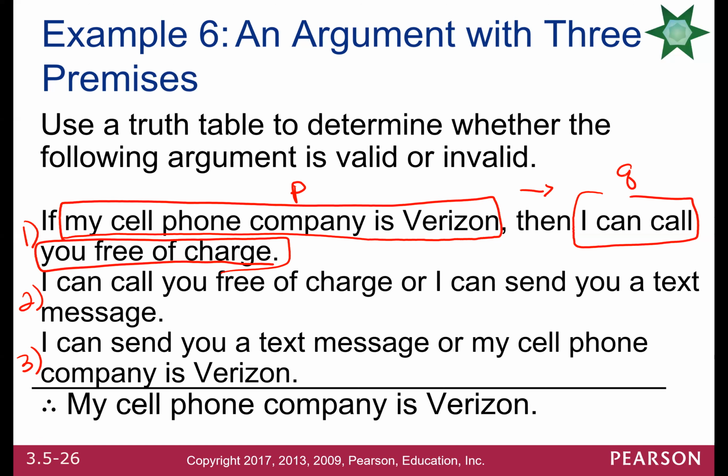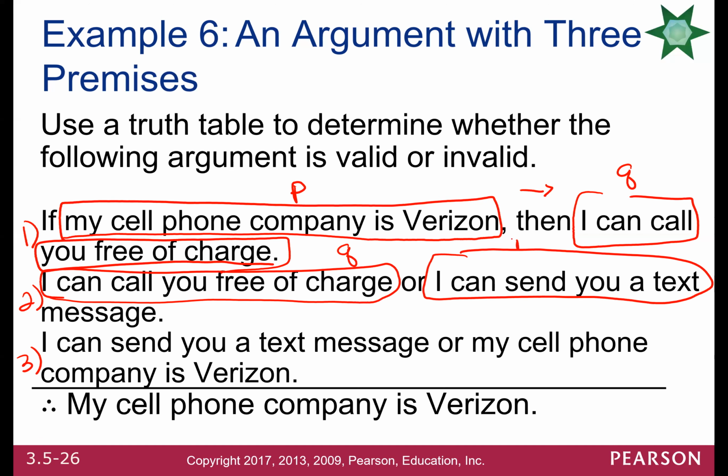All right, let's look at the second premise. I can call you free of charge, which we already called Q. And then I have, I can send you a text message. So we're going to let that be R. So I have my second premise, Q or R. So my first premise is if P, then Q. My second premise is Q or R. What's my third premise?